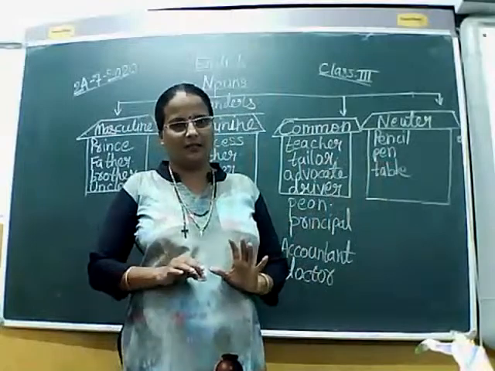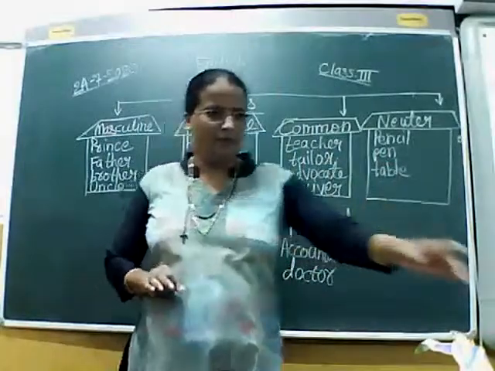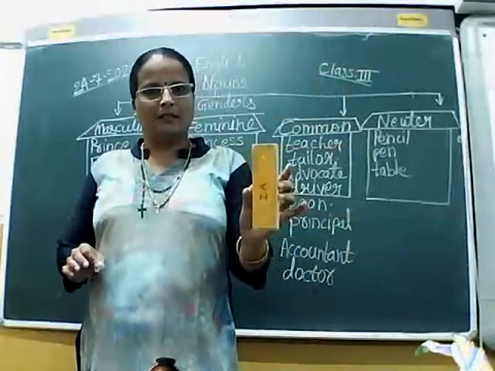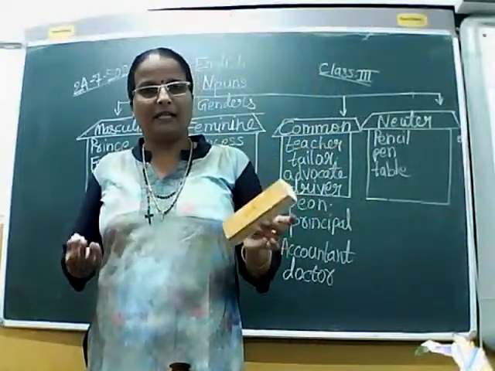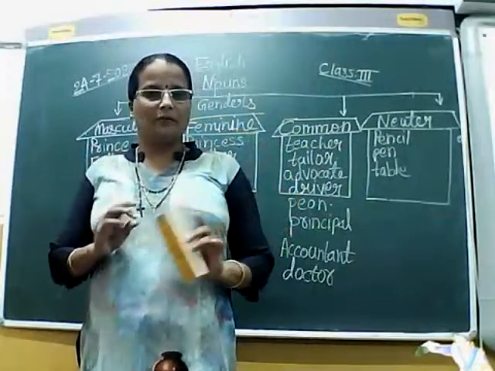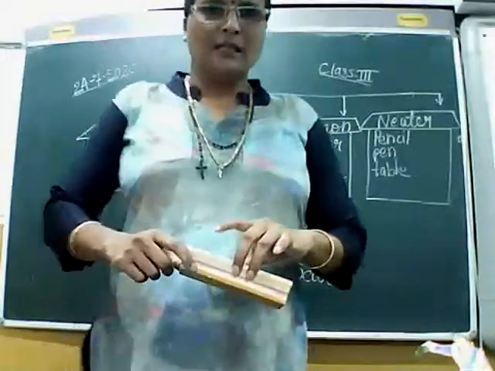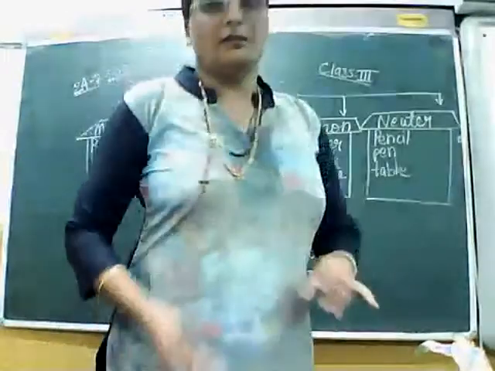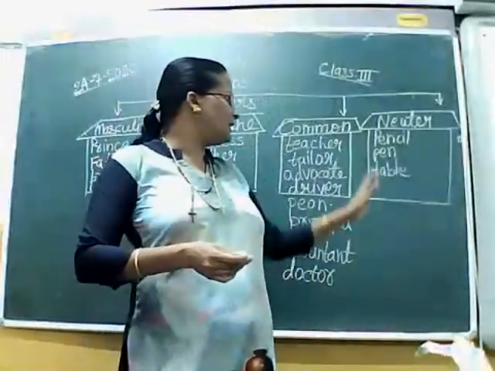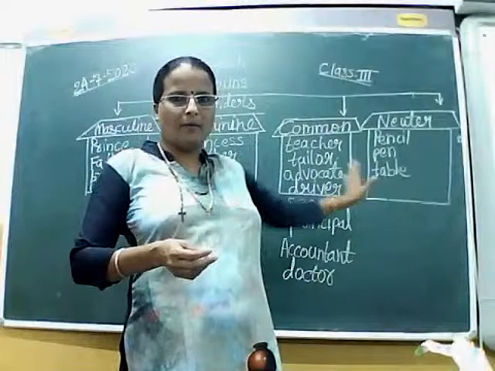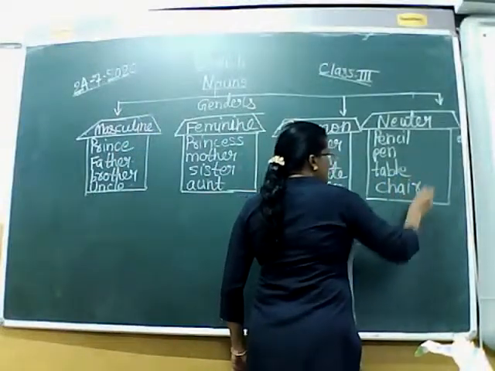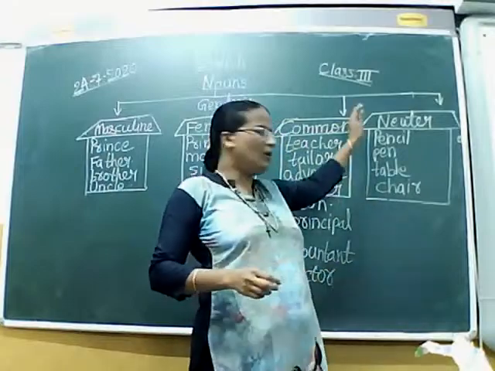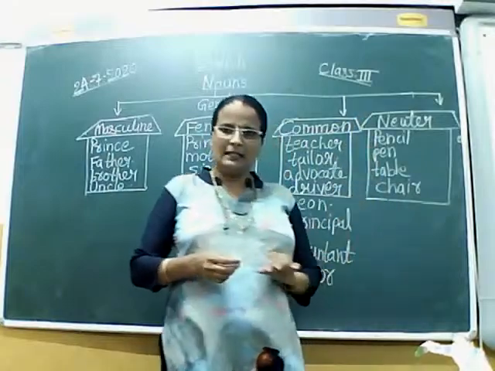It has no gender. You see, we cannot say the gender of this duster. We cannot say the gender of a chair. It has no life. So every non-living thing comes under the category of neuter gender. Chair, table, fan, all these are called neuter genders.